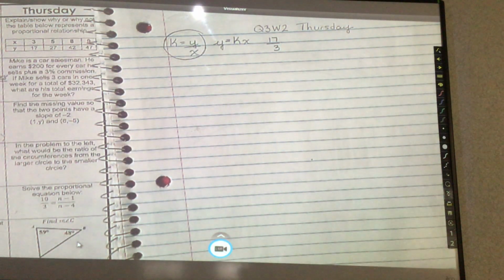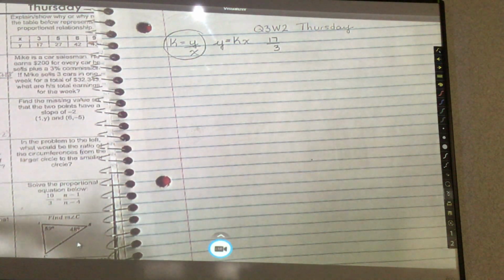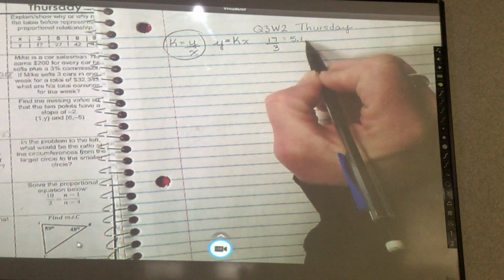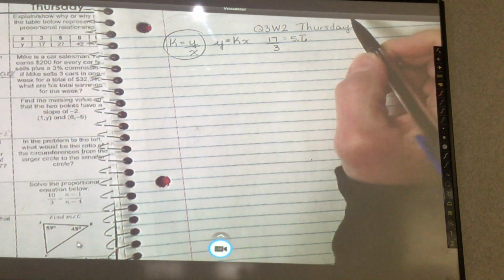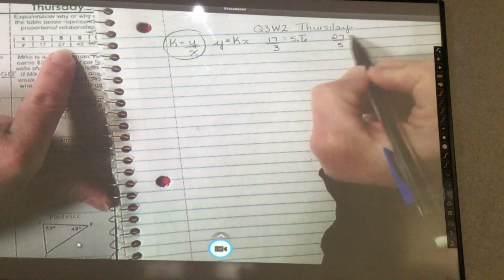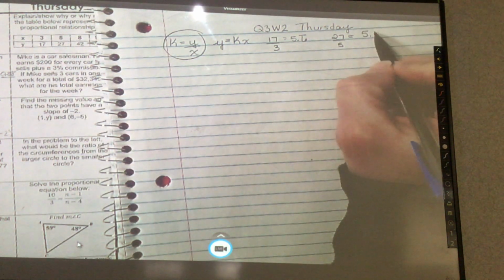And I can leave them in fractions or I can change them to decimals. What do you want to do? Turn it to decimals? Okay, that's what I heard first. So I do 17 divided by 3, which is 5.6 repeated. Then I do the next one, 27 over 5. 27 divided by 5 is 5.4.